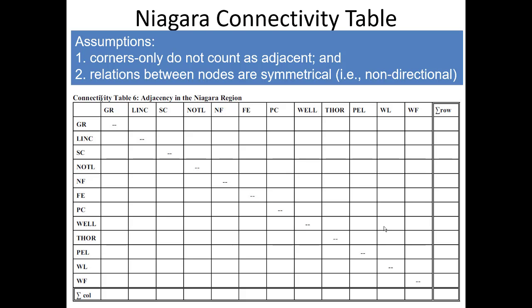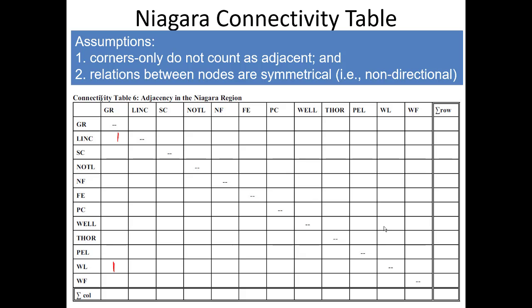This means that on this little table, what we do is, let me see if my pen's working. Oh, come on, you blasted thing. Oh, no wonder. What this means is that we are in Grimsby. So Grimsby is not going to be connected with itself, but it borders Lincoln, right? Grimsby also borders West Lincoln, which is WL over here.